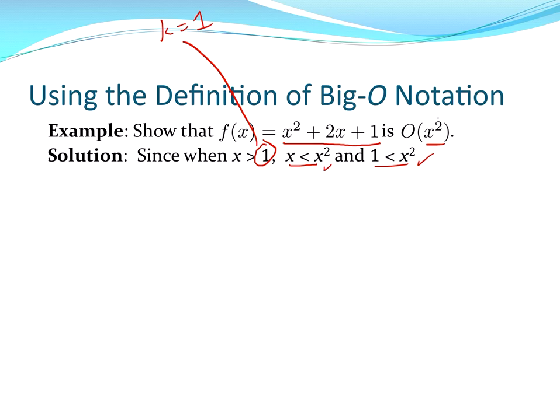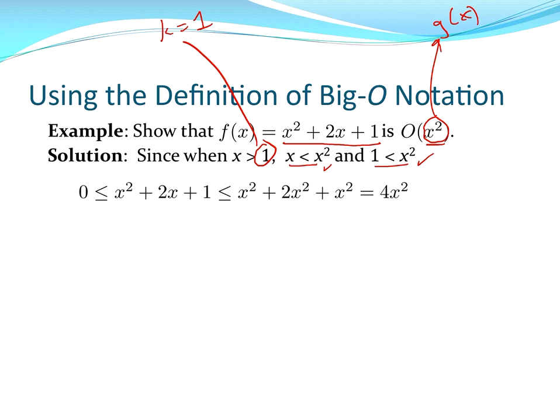Now I'm going to call the function in the argument of big O g of x. It's not always g of x, but I'm using it today. And here's what I mean by that. The way we're going to find c is by doing creative replacement in terms of g of x.